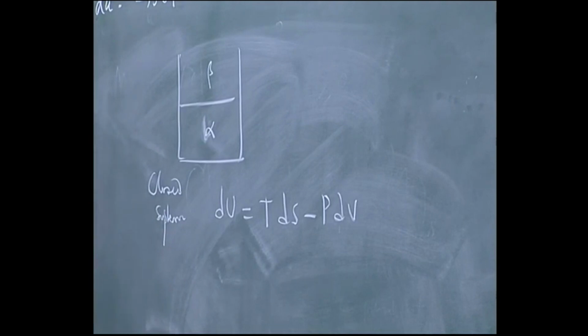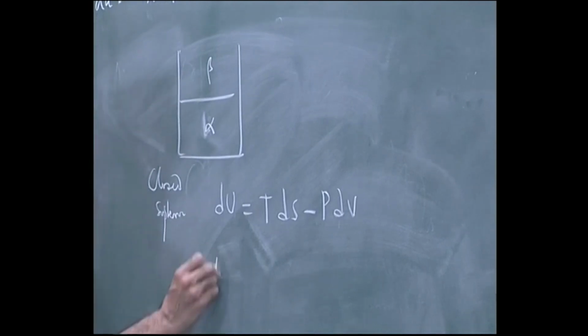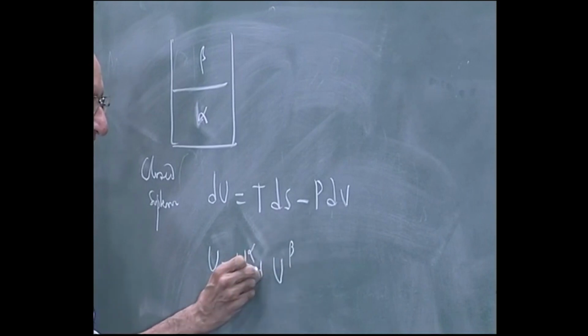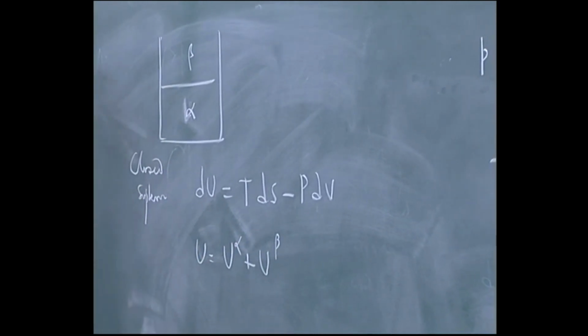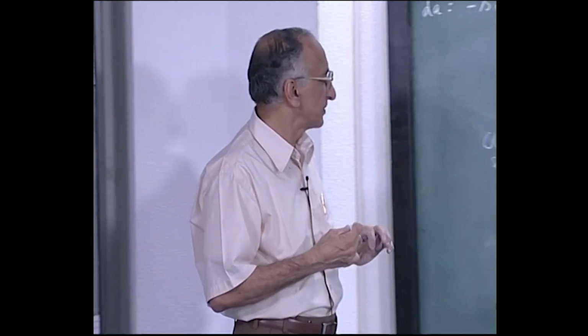These equations are valid for a homogeneous phase. So if I am writing a mix of two phases, U is equal to U alpha plus U beta. Simply the internal energy is the sum of the alpha phase internal energy plus the beta phase internal energy.